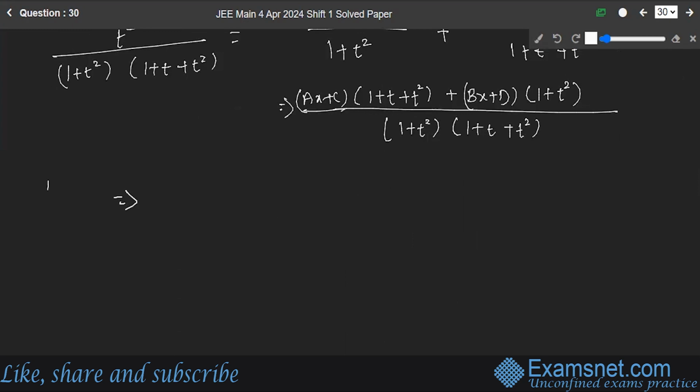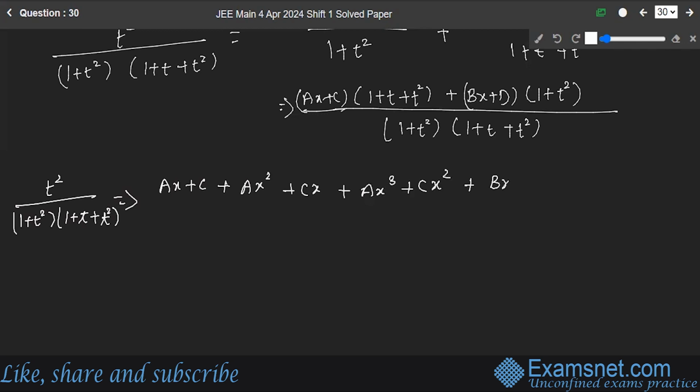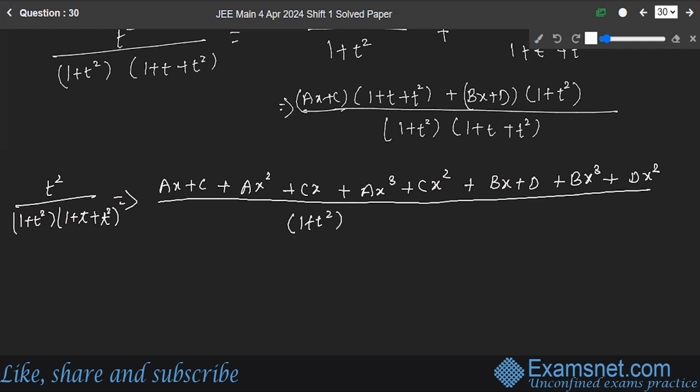This will be equal to t square upon 1 plus t square, 1 plus t square. Okay, let's open up the brackets in the numerator. You will have ax plus c, ax square, cx, ax cube, cx square, bx plus t, whole thing divided by the denominator, which is given by this.